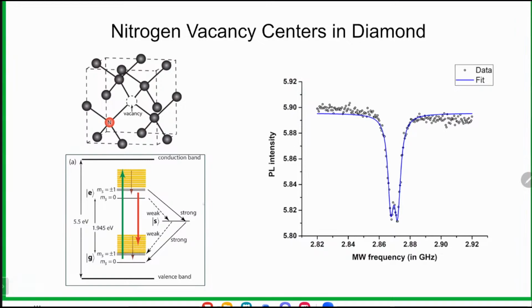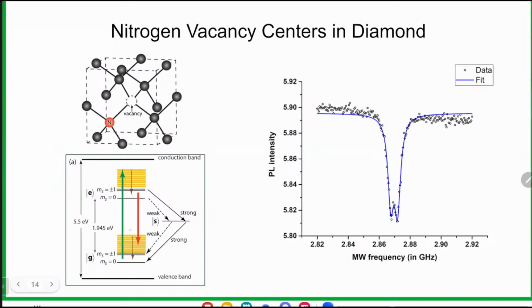So one great thing about the system is that the initialization and readout happen optically, whereas the manipulation, that is the quantum gates, happen with the help of microwaves. So basically the green laser initializes everything to ms equal to 0, and when it decays, some red photoluminescence is emitted.